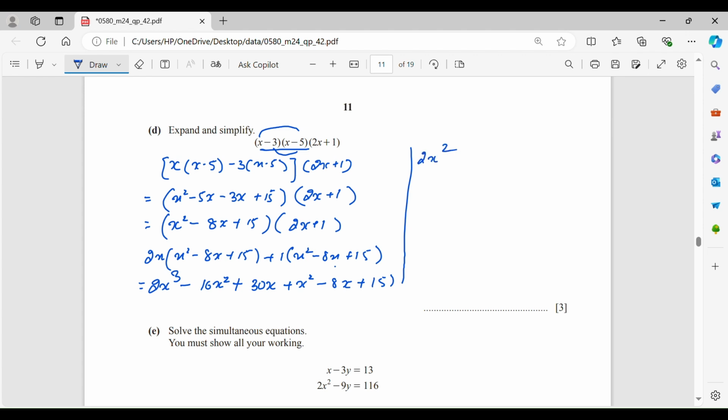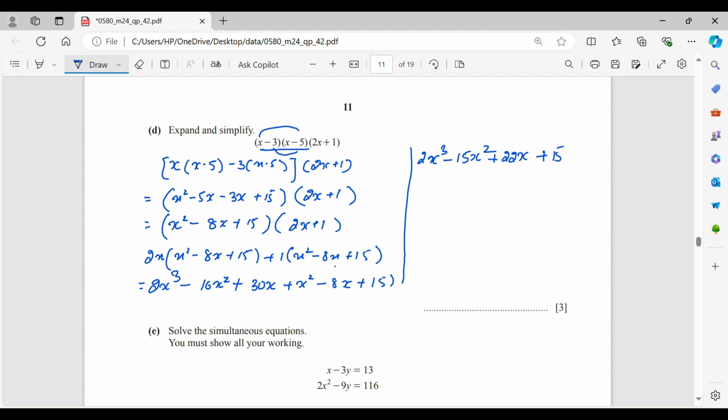Now minus 16x square and plus x square, that is minus 15x square. Then 30x minus 8x will be plus 22x and plus 15. This is our answer.